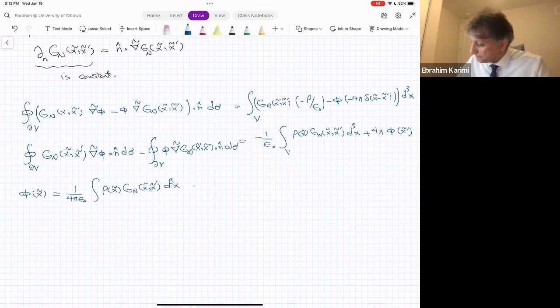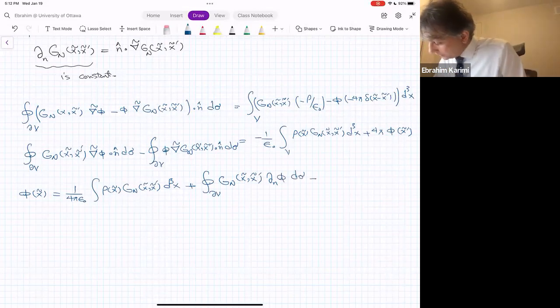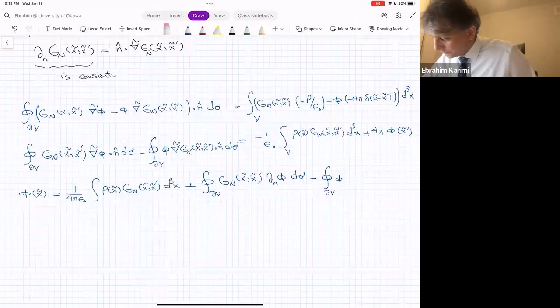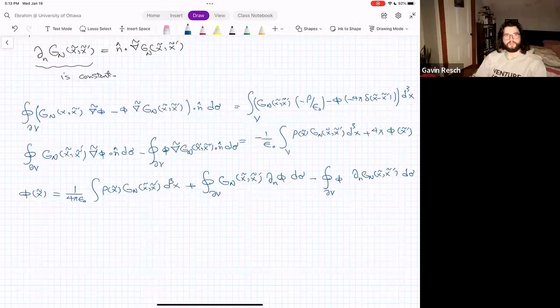Then I have plus the integral of G_N of x and x prime, derivative with respect to n of phi, d sigma, and then minus the integral of phi, let's go with our notation, derivative with respect to n of G_N of x and x prime, d sigma. There should be 1 over 4 pi for those two.